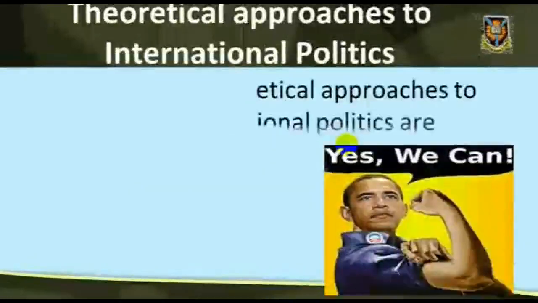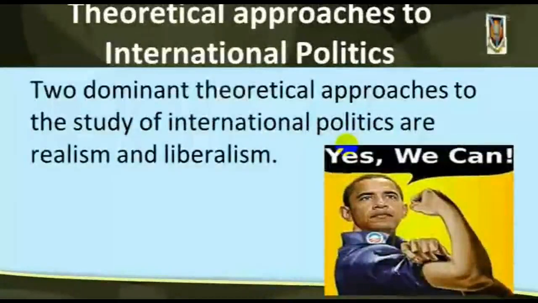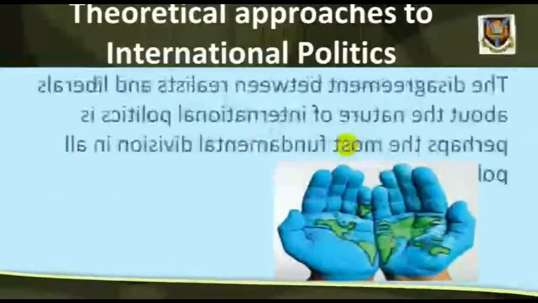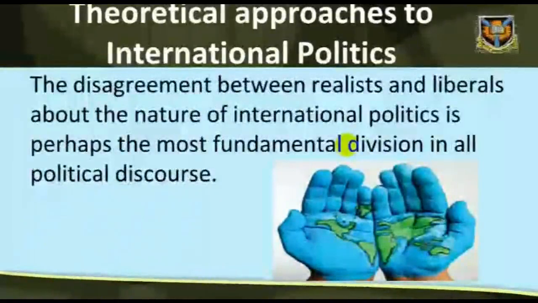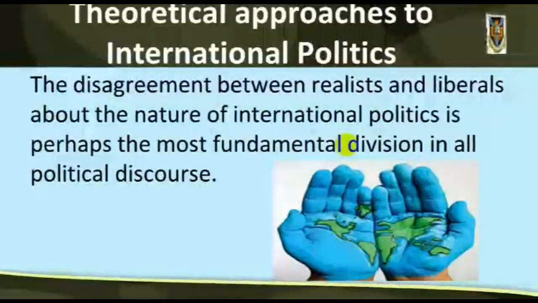However, the two dominant theoretical approaches to the study of international politics are realism and liberalism. The disagreement between realists and liberals about the nature of international politics is perhaps the most fundamental division in all political discourse. The two schools of thought disagree over the very nature of international politics.